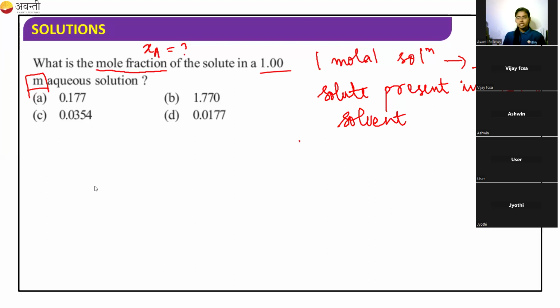So from this, what are we getting? The number of moles of solute is equal to 1.